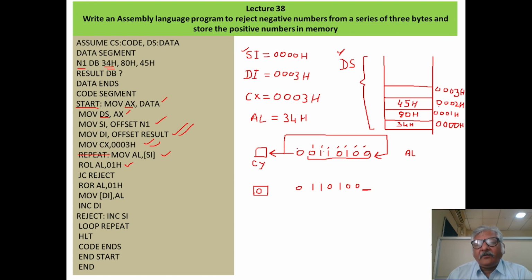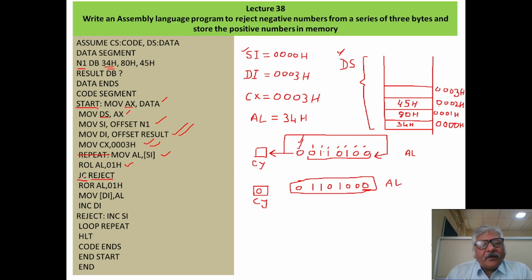This MSB, this 0, will be stored at this place. So now this is my new number, the value of AL, and my carry flag is 0. Now I will check the value of the carry flag. For that I have written the instruction JC reject. Reject is a label.